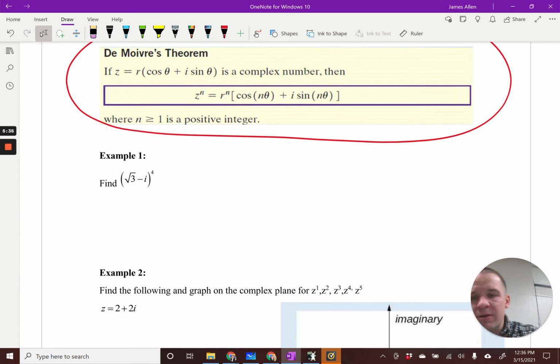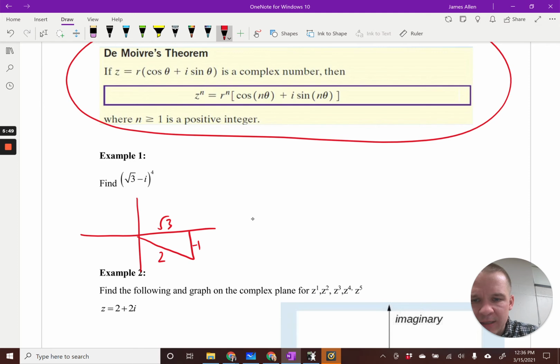Well, how about I convert? Let's see what the inside would be here. We'd have root 3, positive root 3, and then down 1. So we're looking like this. There we go. That's a 30-degree reference, negative 30 for our angle of rotation.